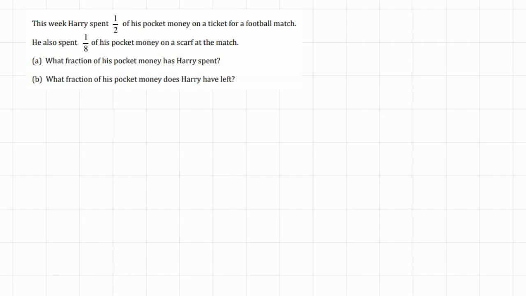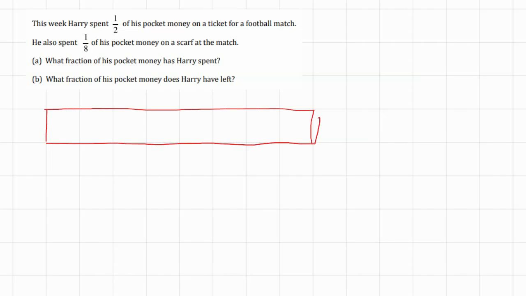So, if we represent his pocket money as a bar, I'm going to split it into 1, 2, 3, 4, 5, 6, 7, 8 pieces. The reason I'm splitting it into 8 pieces is because I know at some stage I'm going to have to do something with an 1/8. And even when I do something with a half, I'm probably going to turn that half into something over 8. So I want 8 pieces to be able to work with this.